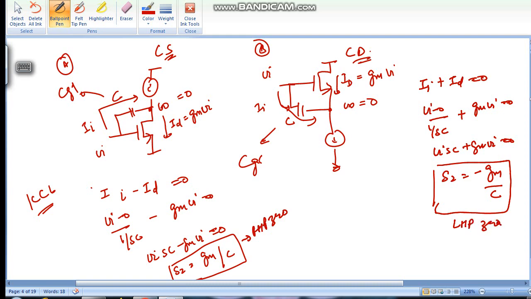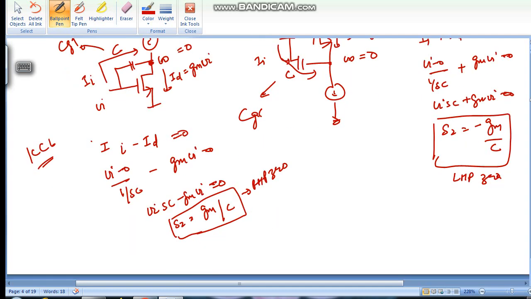Now here the current directions are different, in opposite directions. One is toward the output node, another is leaving the output node. Here the current direction is toward the output node.